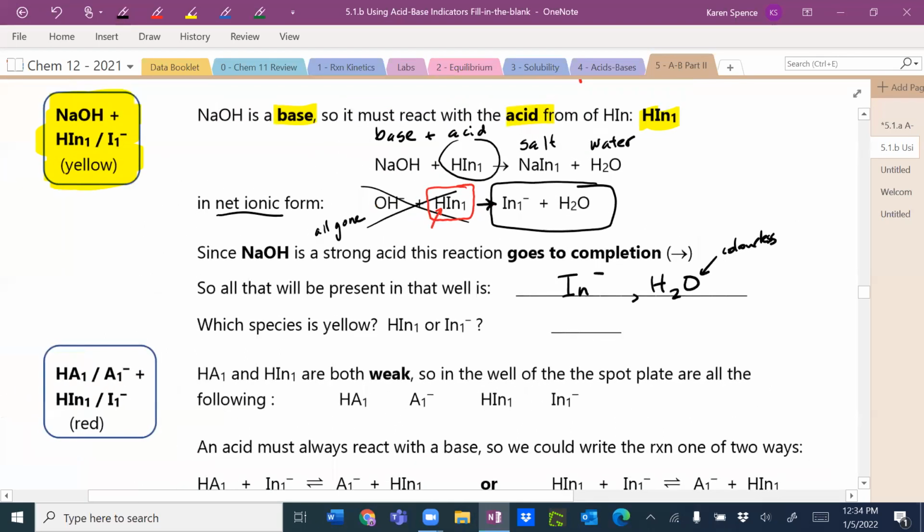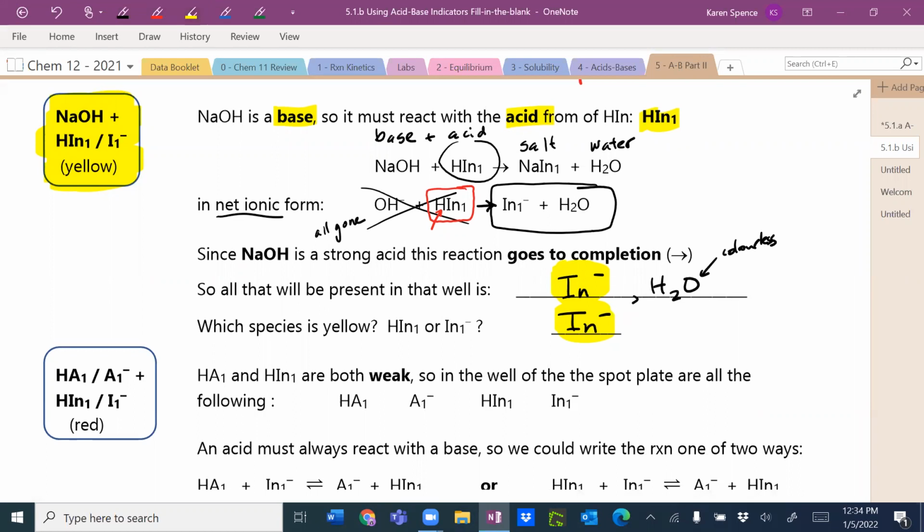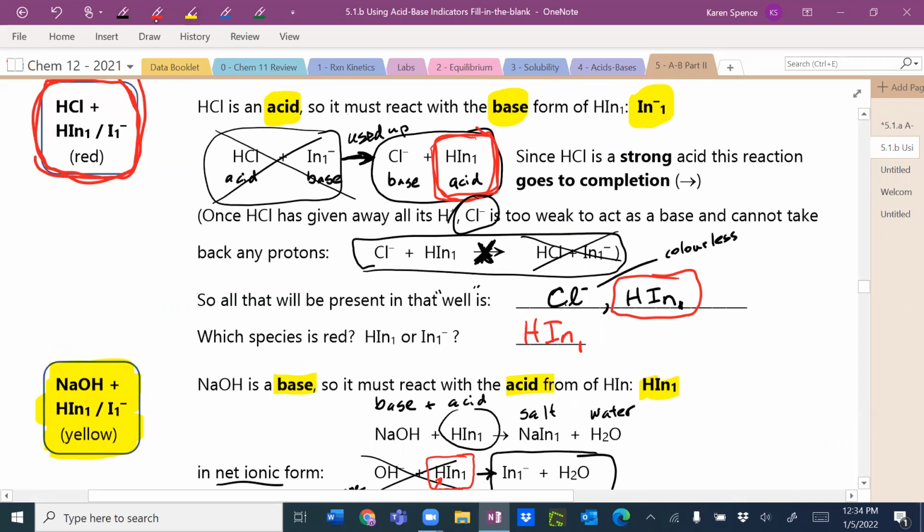This turned yellow, so we have determined that the color of IN minus must be yellow. So which species is yellow? That would be our IN minus. So really the HCl and the NaOH are just there to let us know what color is the acid form, and we'll get the acid form when we put it with hydrochloric acid. Okay, so that's going to tell us the color of the acid form.